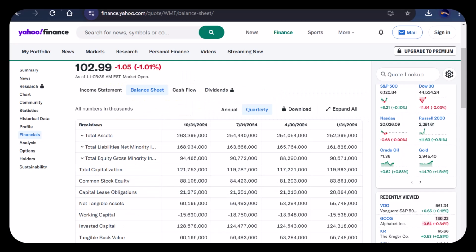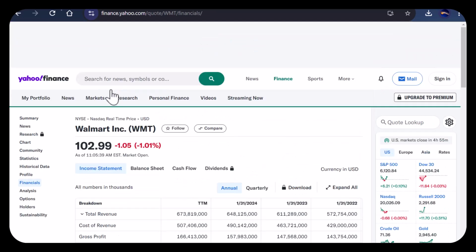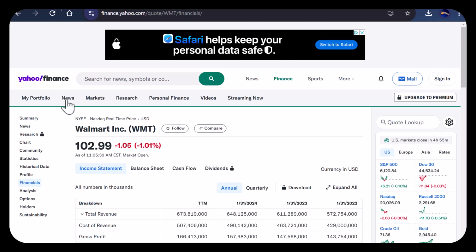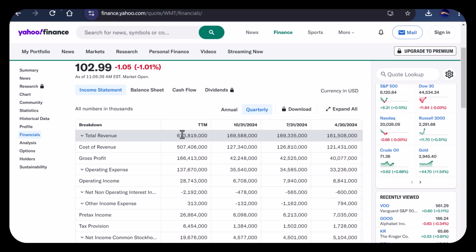And I'm gonna go to the income statement. That's where sales and net income live. Again, I'll do quarterly to make it a 12-month number. Grab the TTM. TTM is short for trailing 12 months.